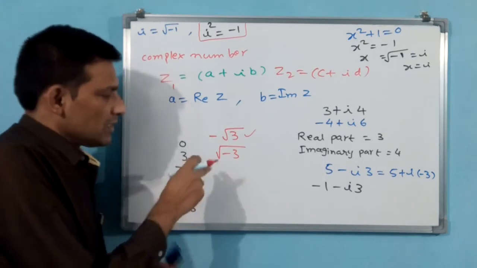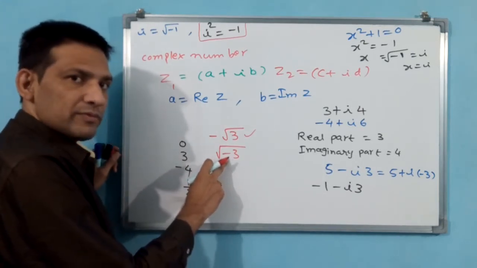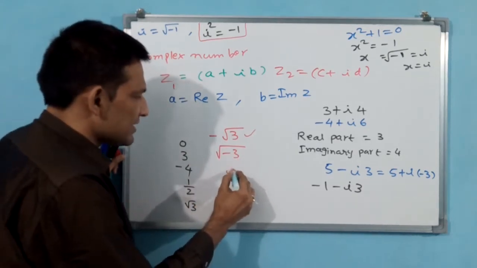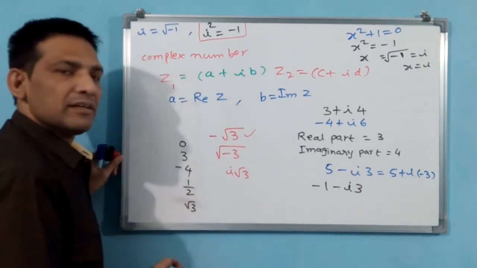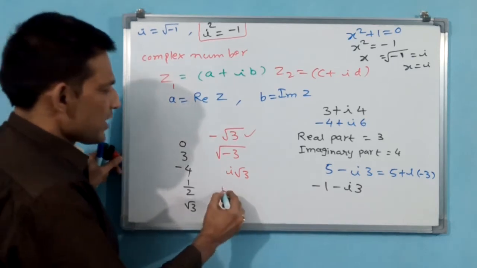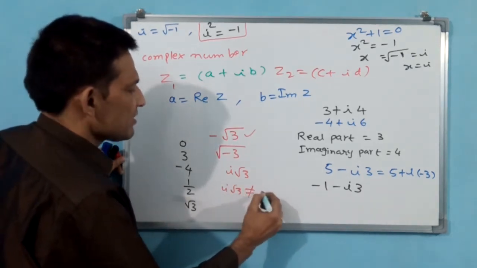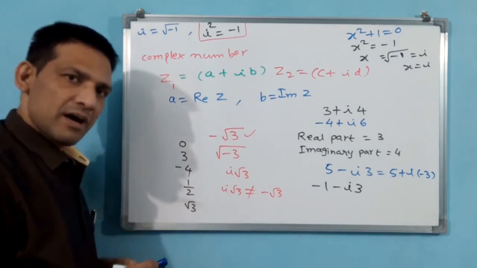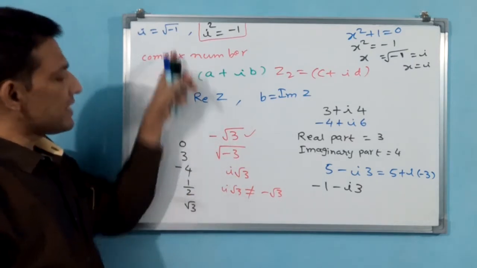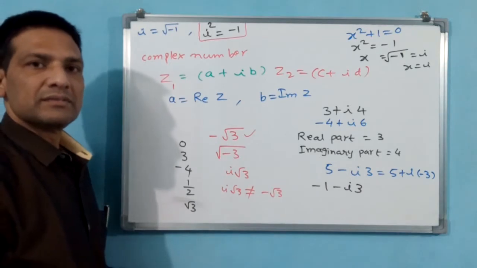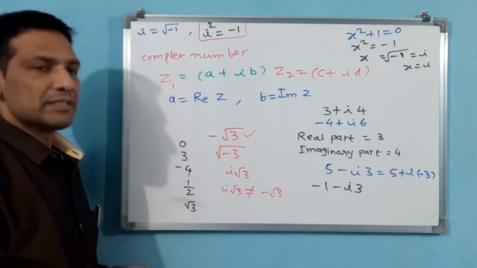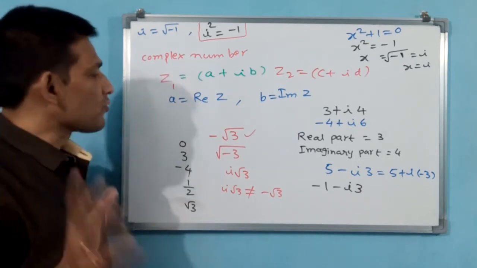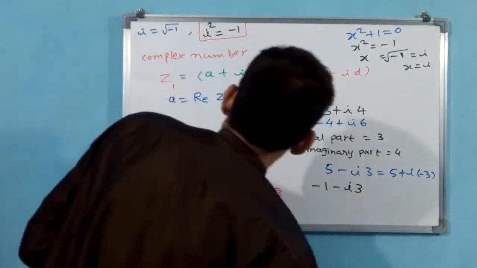What about this? A negative sign under the square root can be converted as i root 3. i root 3 is not equal to minus root 3. You understand? Why? Because i is square root of minus 1. That is the concept you have to understand.